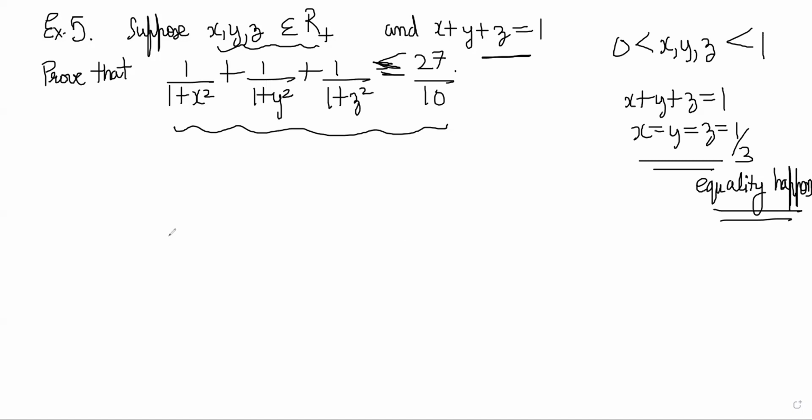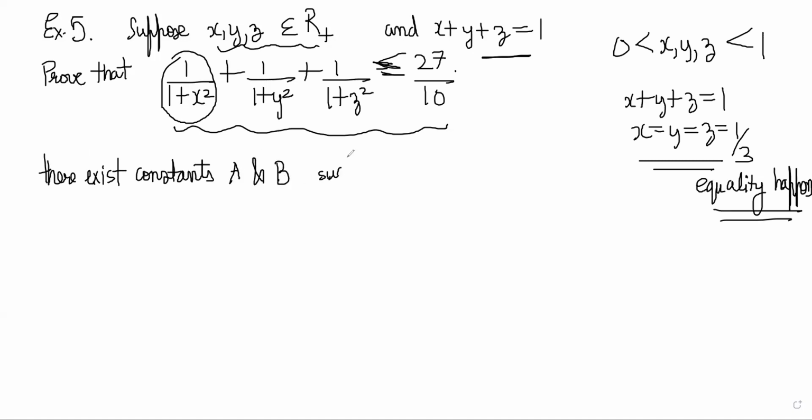Now, in order to get this inequality, I'll make a claim and then I will see whether my claim is true or not. So I will say that let's assume that there exist constants a and b such that 1/(1 + x²) is less than or equal to ax + b, right?